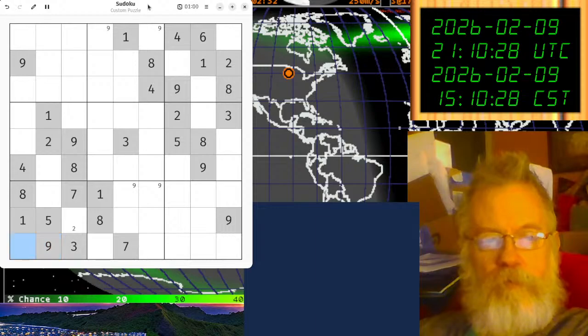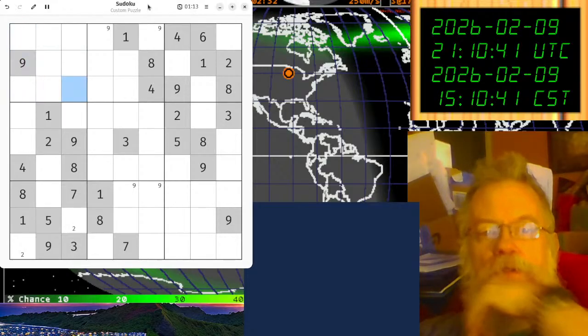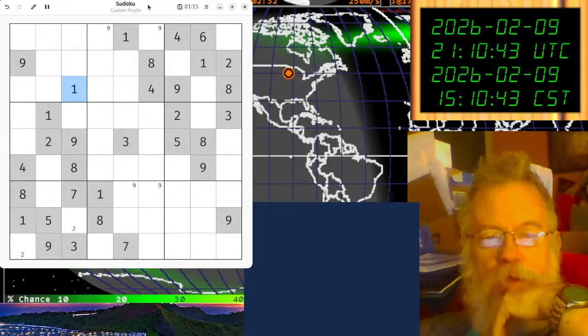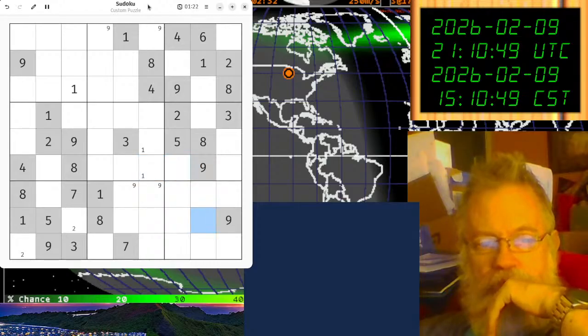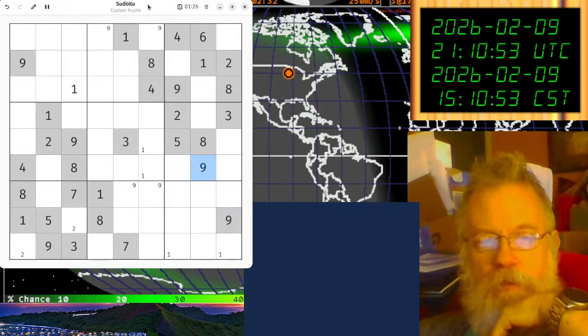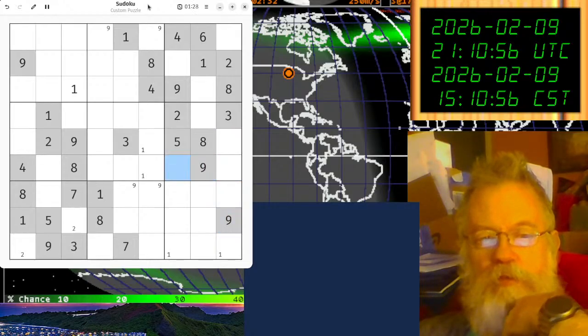One of these 2 is a 2. Here I've got 4 possibilities, or 4 possibilities up here as well. We have a 1 here, and one of these 2 is a 1. And one of these 2 is a 1, and that gives me 3 possibilities here.